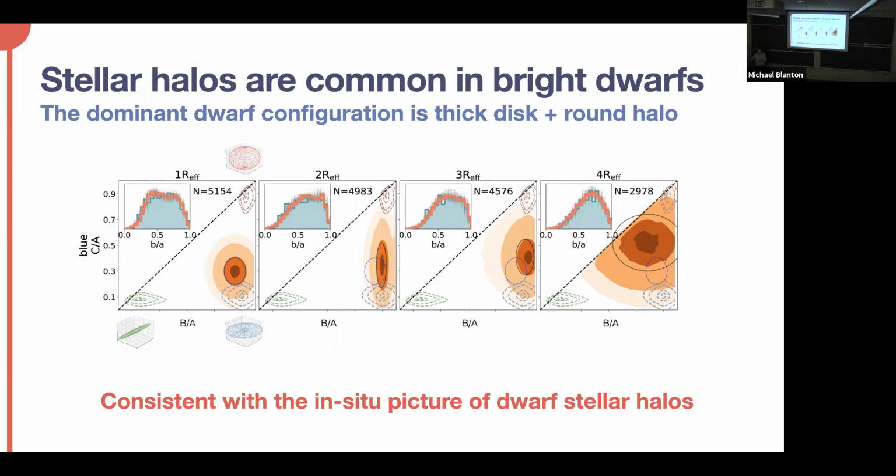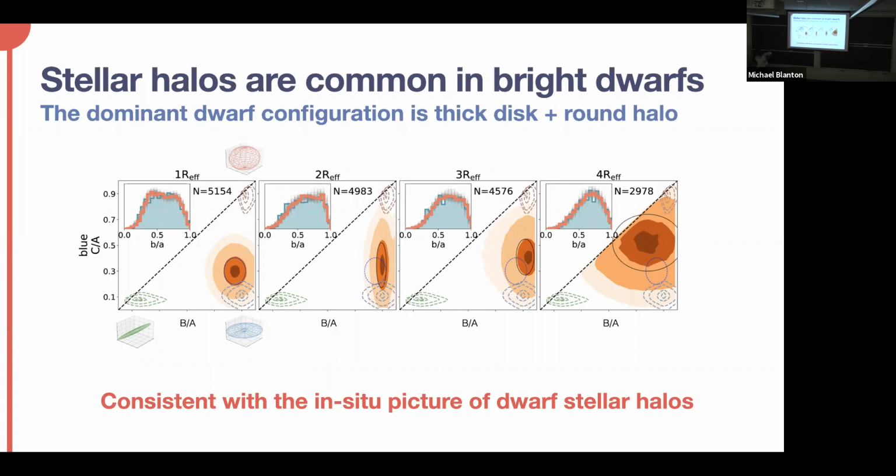Are the inner and outer axis ratios aligned? Aligned. That would also be consistent with the in situ picture, right? Mhm. So aligned in the sense of is there an isophotal twist, or aligned in the sense of is there a centroid shift? Twist. Could you just explain what an isophotal twist is? Sure.